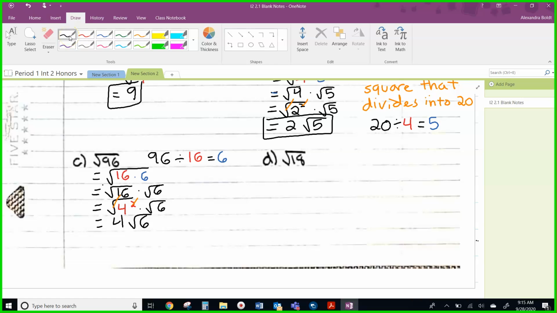So as we saw here, 18 divided by 9, so this is going to be the square root of 9 times 2. I split that up and I get the square root of 9 times the square root of 2.